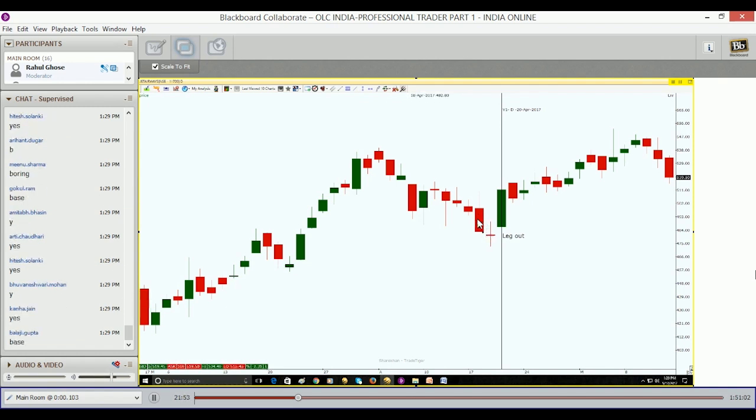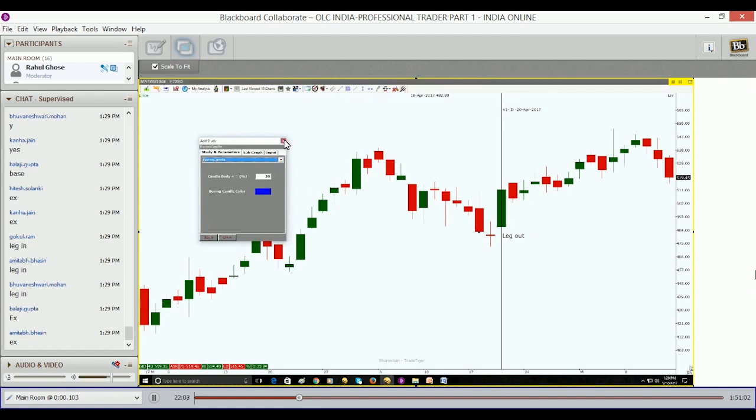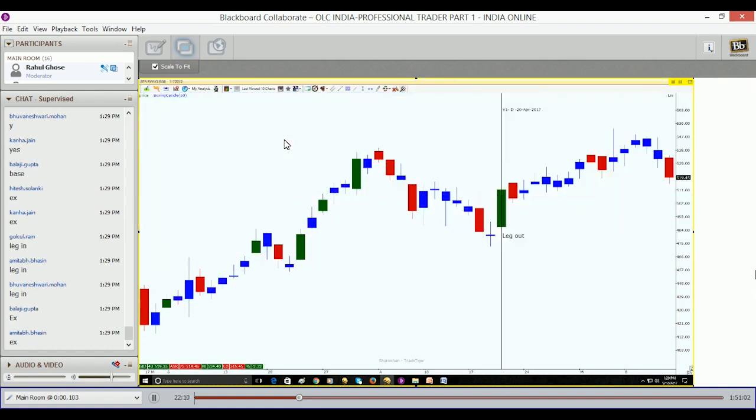What about this candle over here? Exciting, exciting, exciting. Okay, absolutely, the candle is indeed exciting, as you can see, which means that this candle becomes my, let me change that, my leg in.